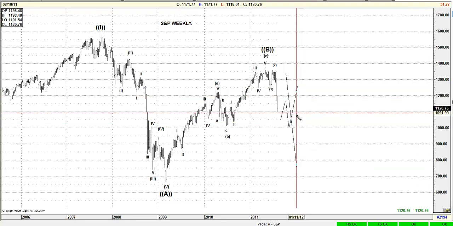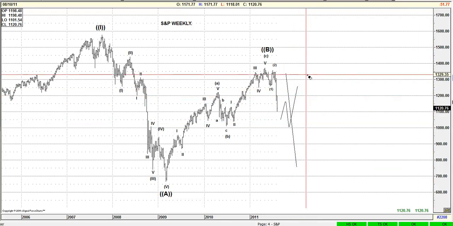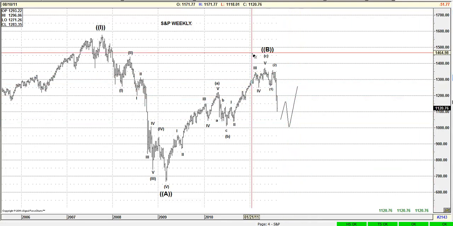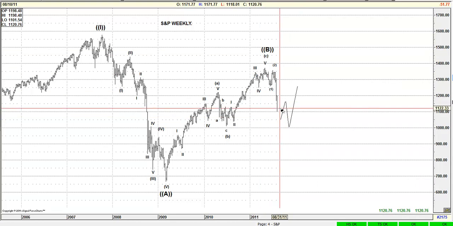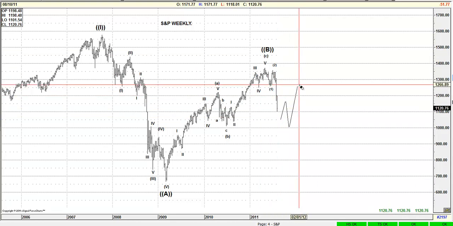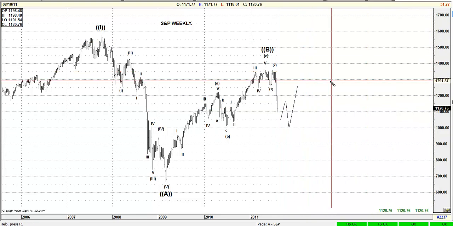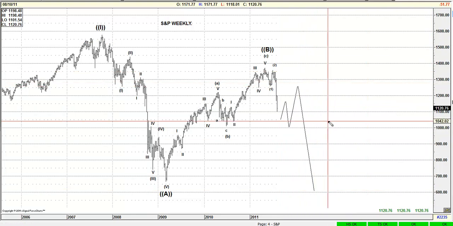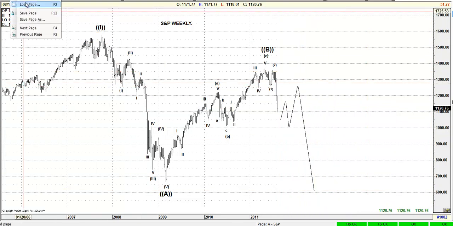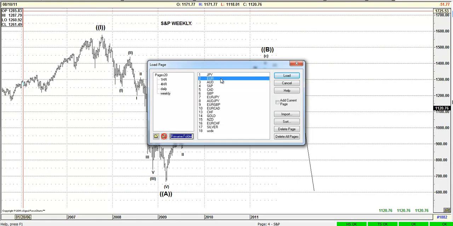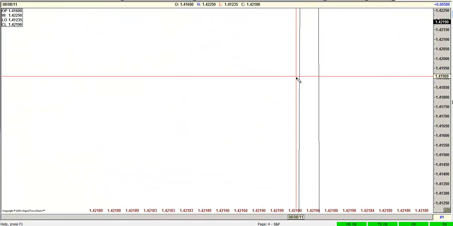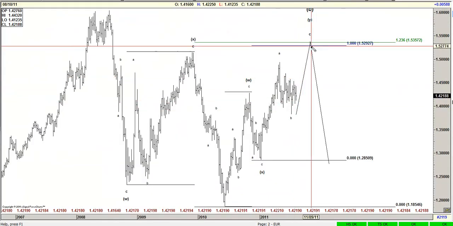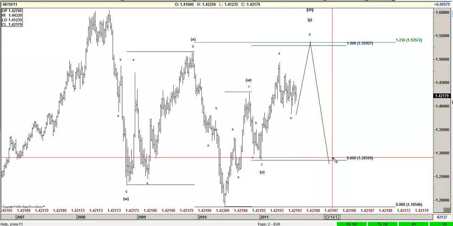Those 200 points on the S&P may be all we're going to see on the recovery before the wave 3 on the S&P takes place, and that's going to be enough for the euro on the weekly chart, when the wave 2 is going to take it higher, and this is going to be the wave 3 of the S&P.